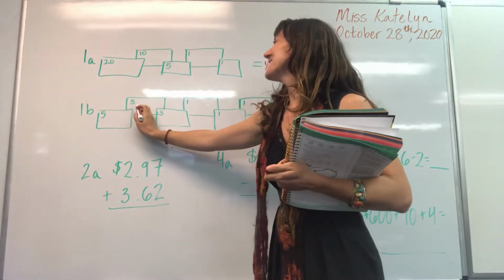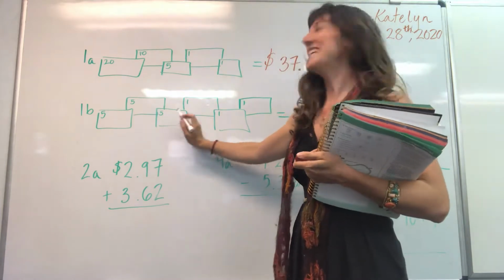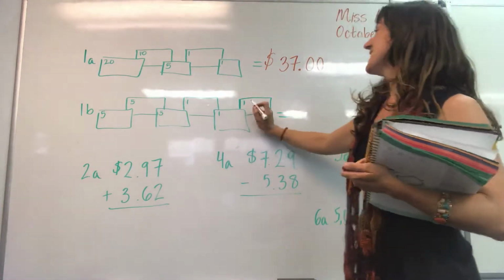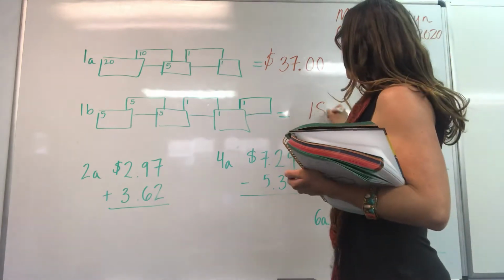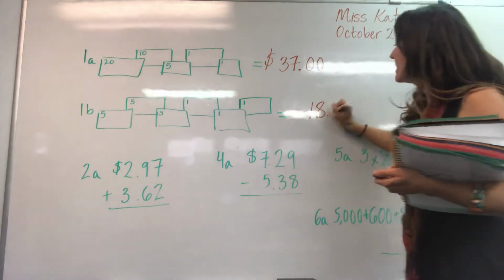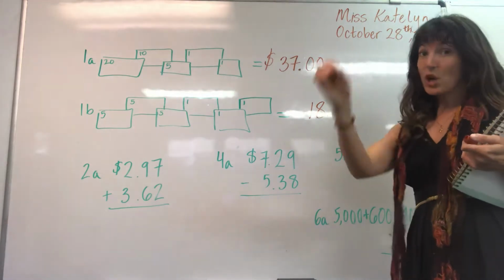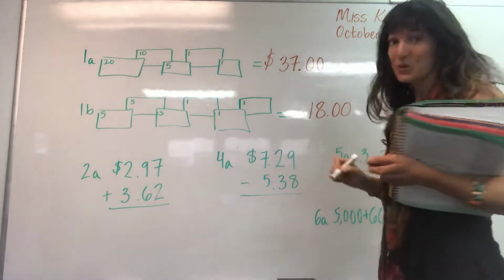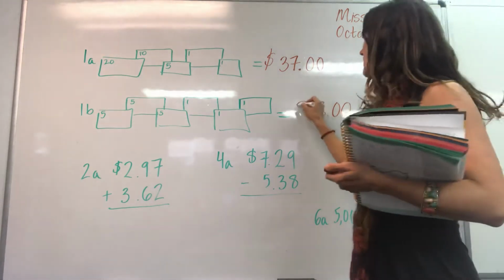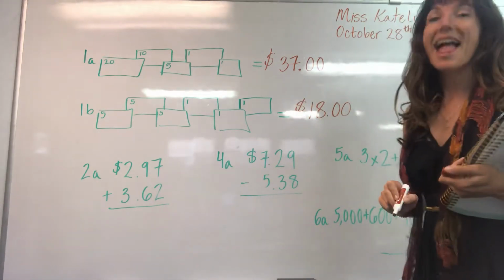5 plus 5 is 10, plus 5 is 15, 16, 17, $18. I write my full 18. I give it a decimal point and I tell them I have 0 cents, 0 10s and 0 1s, with a dollar sign in front of everything.